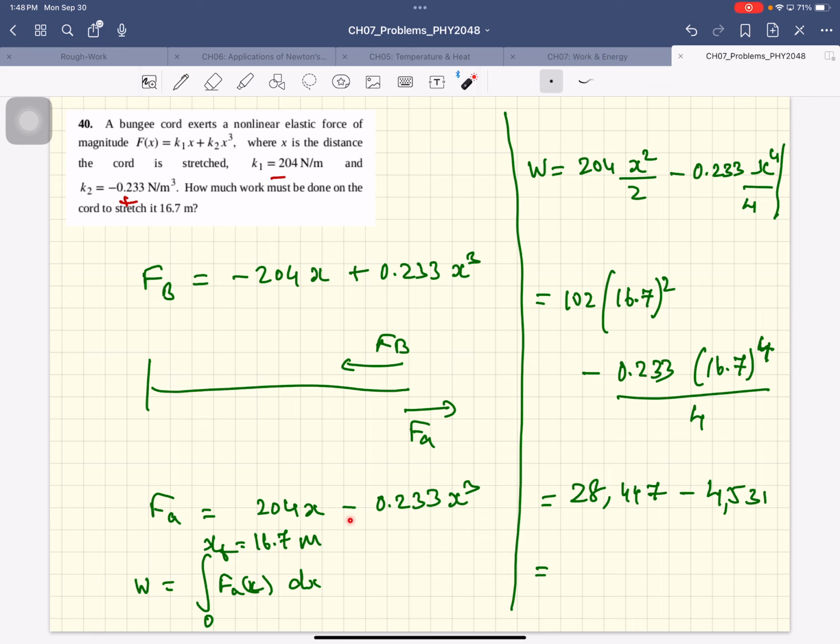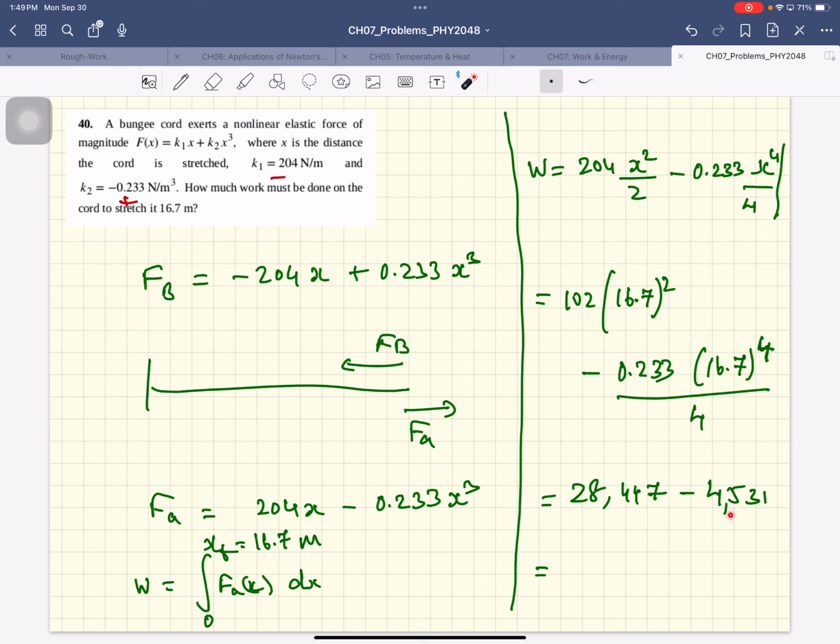So what the nonlinear term is telling you is, see, as you stretch it more and more, it's becoming softer. That's what this term is telling you. If it wasn't getting softer, this is the force you would have to apply. But here's a negative term, meaning it's getting softer. So if it was pure Hooke's law, this is the amount of work you would have to do to stretch it 16.5 meters.